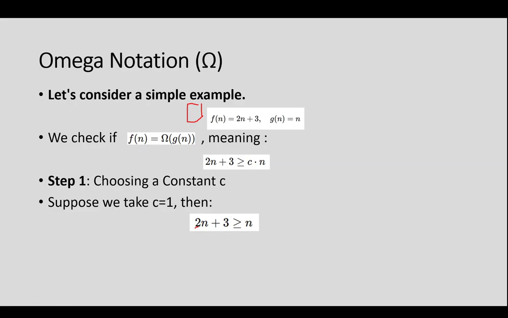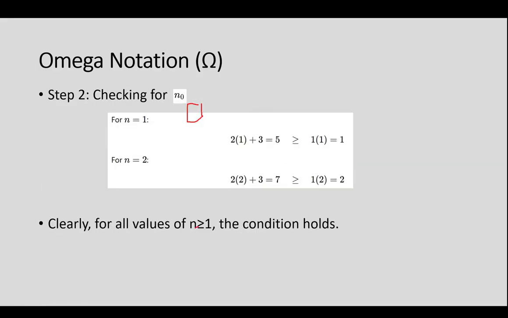Even if I choose the constant 1, 2 into 1 is 2, 2 plus 3 is 5. 5 will obviously be greater than or equal to 1, so here also the bound will be matching. Now we are checking for n naught. First we check the value of c. When c is 1, we don't have to think much about it; it satisfies the condition.